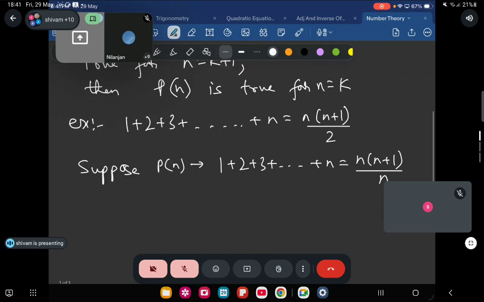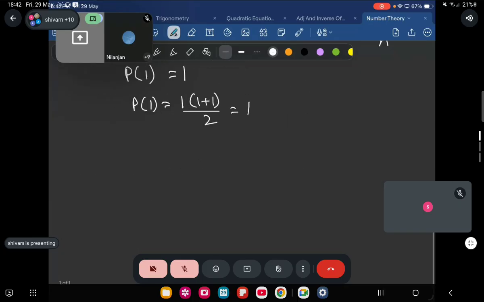Tell me, is P1 true, everyone? Is it true for n equal to 1? On the left hand side, P1 equals 1, and on the right hand side, what are you getting? Are you getting 1? Yes, it is equal to 1. Nilanjan, Tahir, everyone is getting it? Yes, sir. Okay, P1 is true.